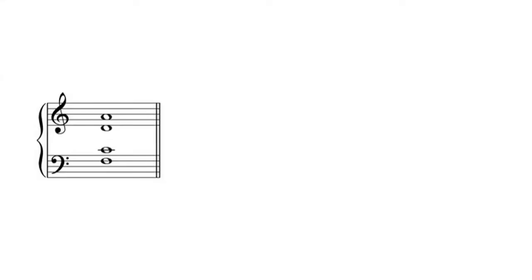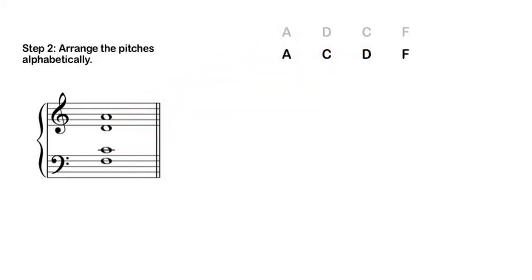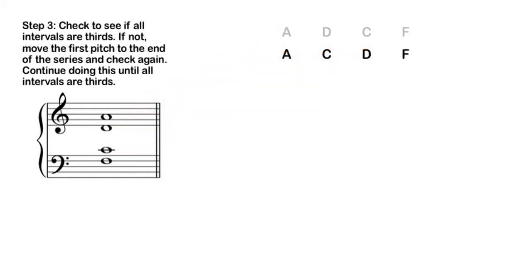When recognizing 7th chords, the easiest way to do this is to arrange the chord in thirds. So you start by writing out all the letter names that go into the chord from low to high alphabetically. Once you've done that, check and see if you have thirds between all of the pitches. In this case, we don't.